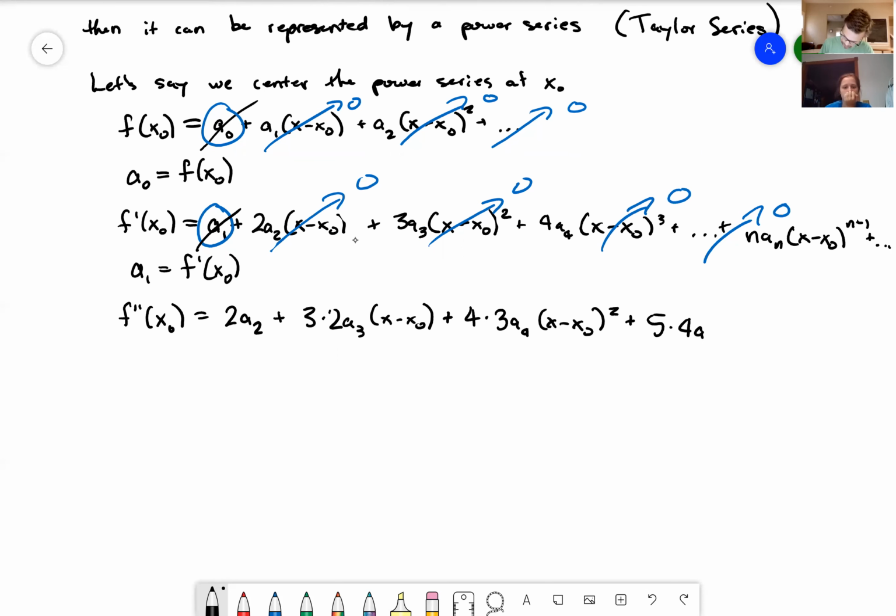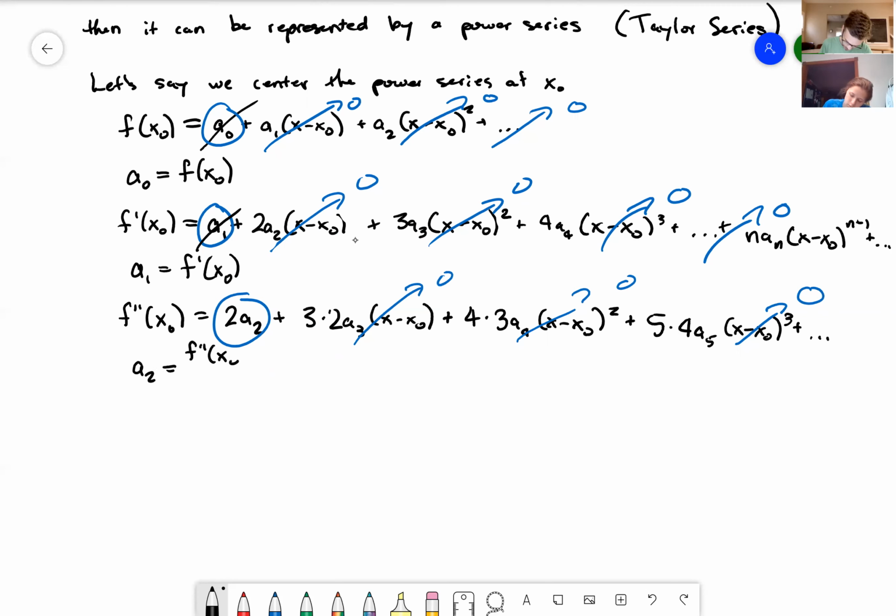One more just for the sake of illustration. So we get this. Again, all of these go to 0. We're just left with 2a2. And so we get that a2 is equal to f double prime of x0 over 2.